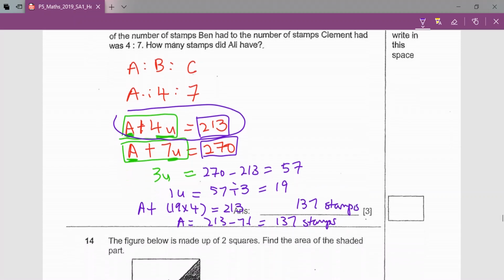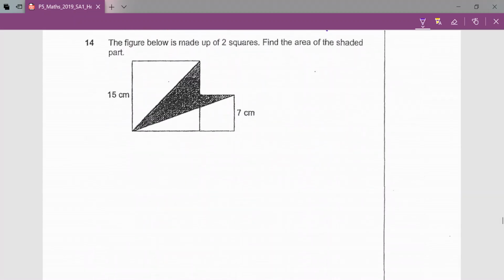Okay, the figure below is made out of 2 squares. Find the area of the shaded part. Alright, so this is a composite figure. This whole thing is made out of 1 square and another square.